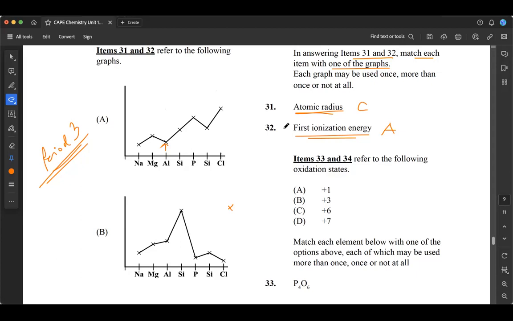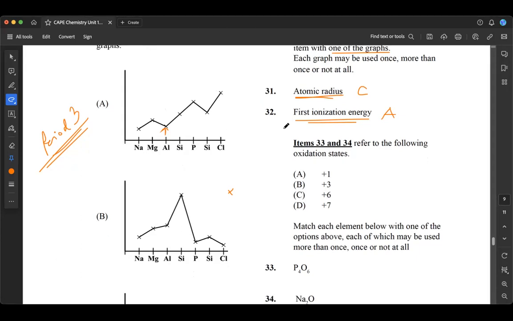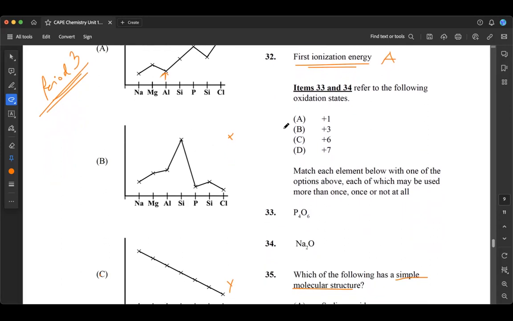32 is A. And so moving along to items 33 and 34, they refer to the following oxidation states, right? So we're going to match each element below with one of the options above. Each of them may be used more than once or not at all. They're asking us what's the oxidation state of this phosphorus atom in here.